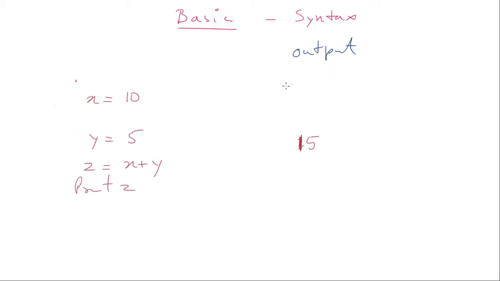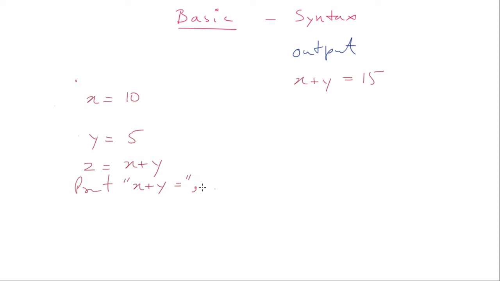Suppose I want output to look like this, that X plus Y is equal to 15. What should I write in the print? So what I want is, if I put it like this, X plus Y is equal to, then it is going to print so much as it is, and the value 15, then I'll have to put a comma, depending on the compiler sometimes a semicolon.